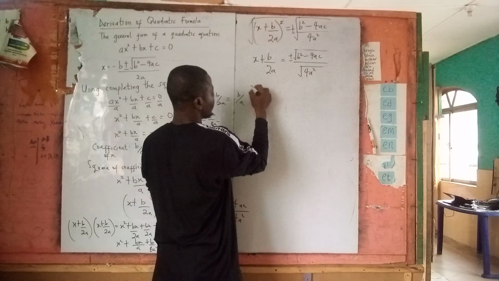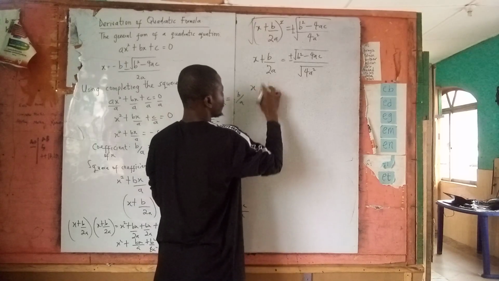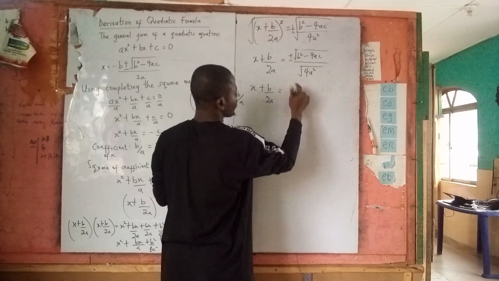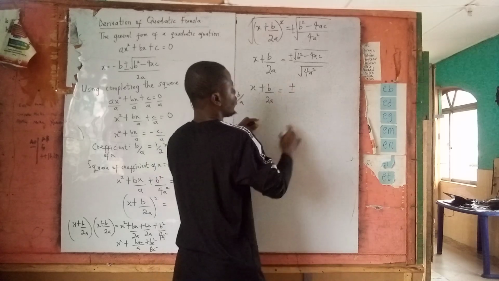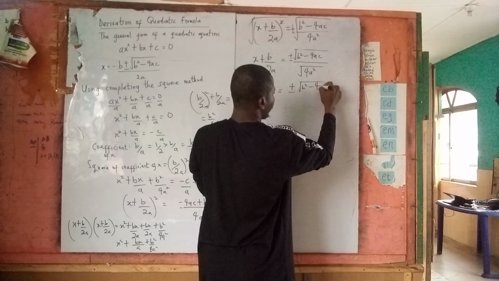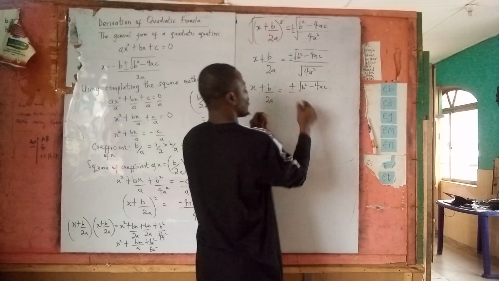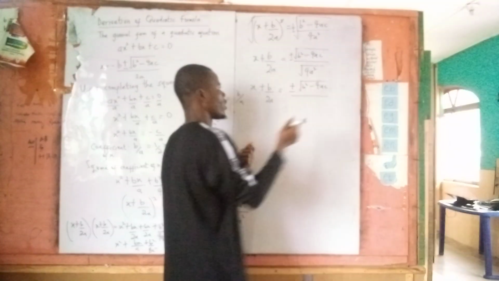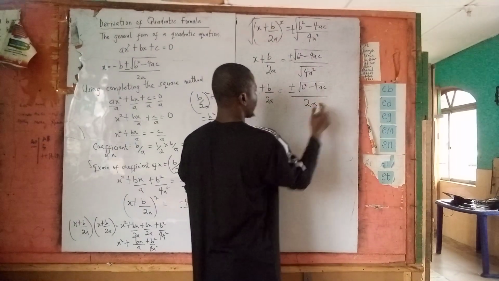So then you have x plus b over 2a equals plus or minus square root of b squared minus 4ac over the square root of 4a squared, which is 2a.